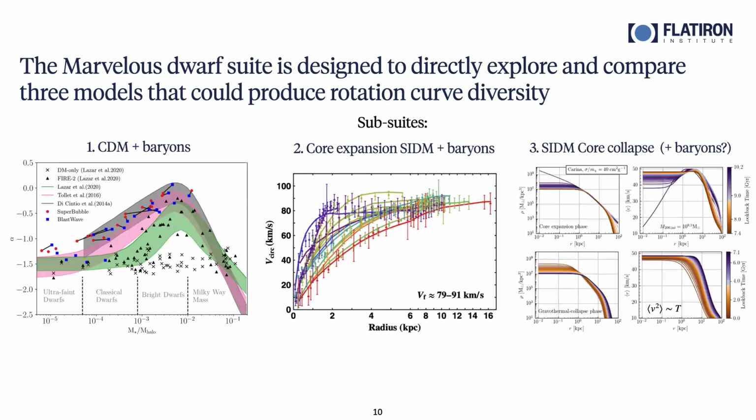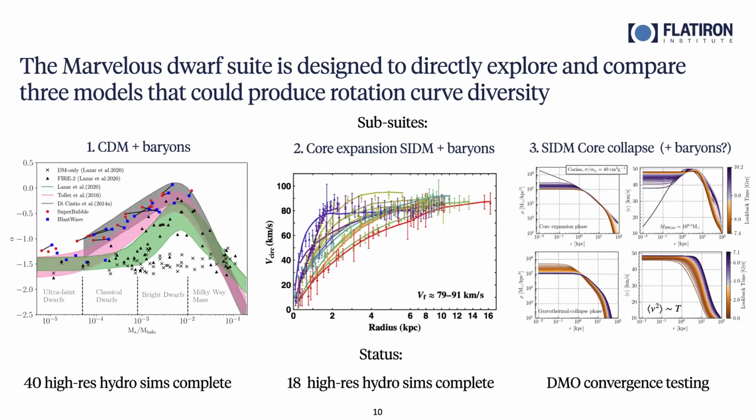And the third case is where you have a very high cross-section, and you produce this core collapse phase in a Hubble time. So just to tell you the status, I have roughly 40 of the CDM with baryons. I have about 20 of the core expansion with baryons, and these ones are still in numerical convergence testing, but I have done some with baryons, and I'll show you some preliminary results from that.